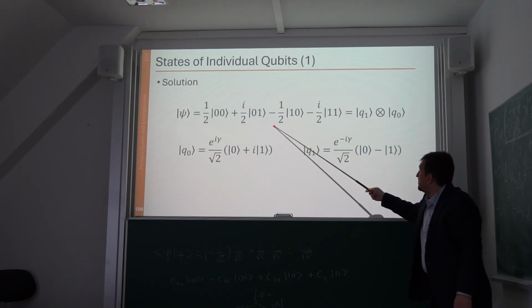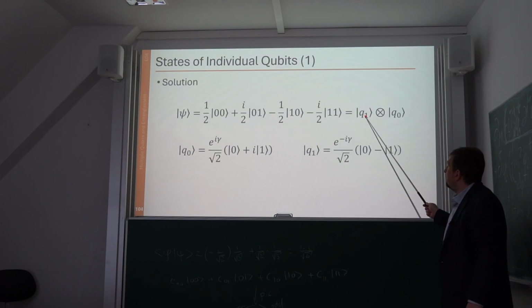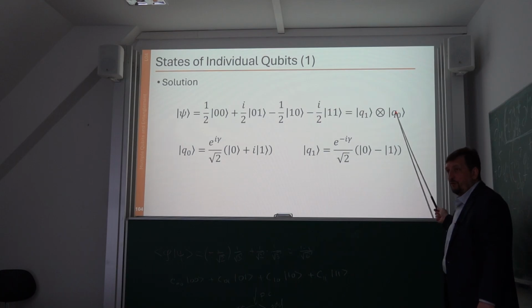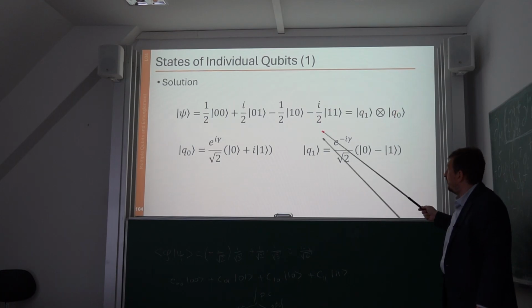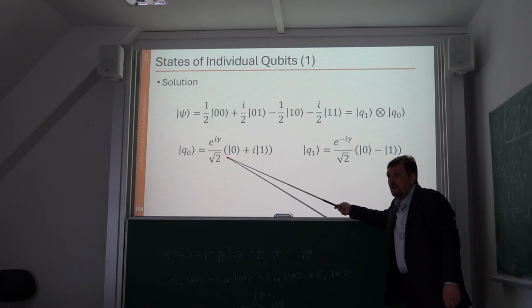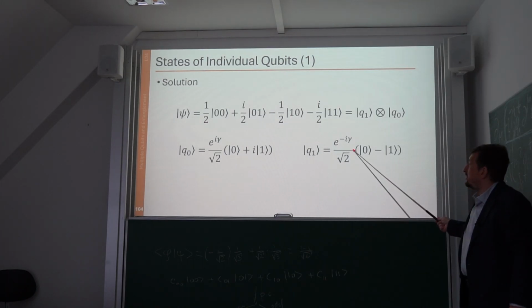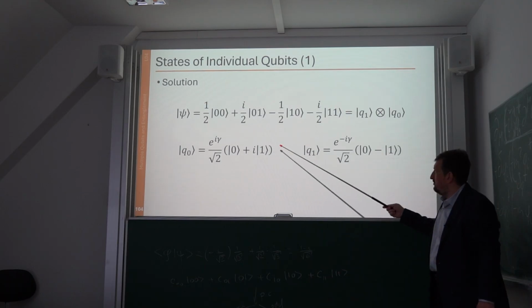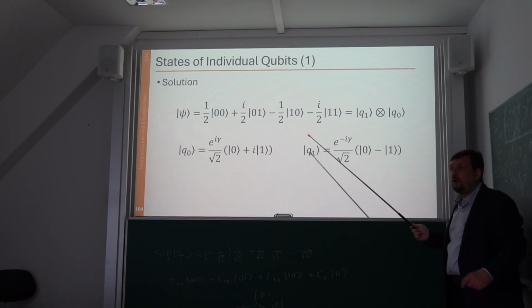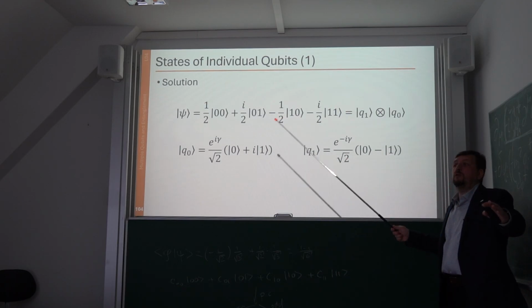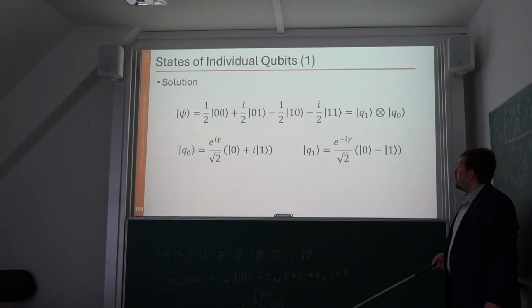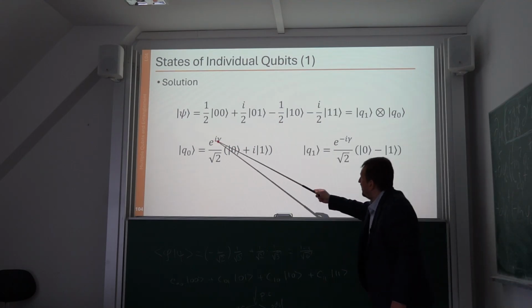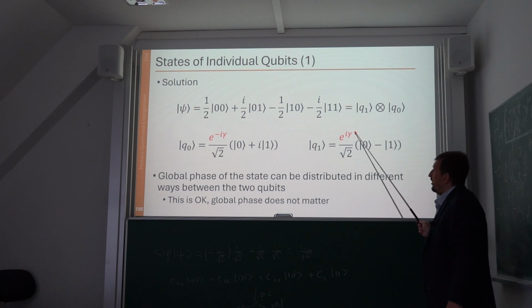So this is the state of two qubits, and I can write it as a tensor product of one qubit state and second qubit state. This is the state of qubit 0. This is the state of qubit 1. When we look at this state, it's not immediately clear that we can do this. But solving this equation, it's quite easy. So what do we have here? We have this undefined factor gamma.